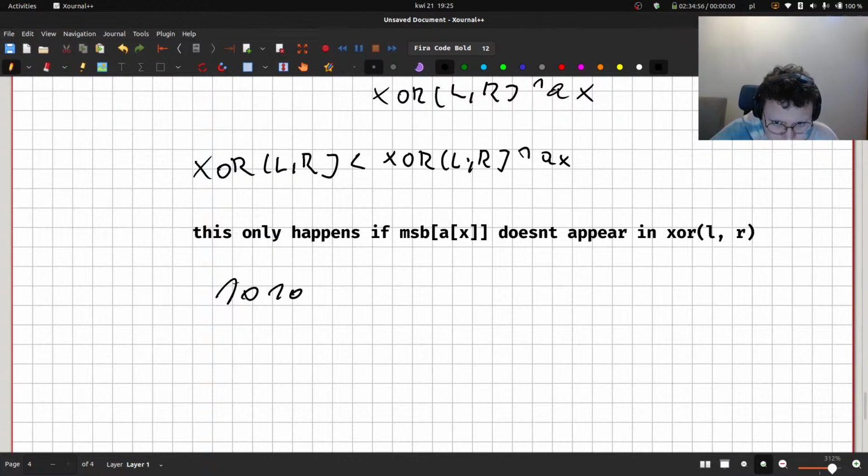Let's say that this is XOR from LR, and this is AX, written in binary of course.